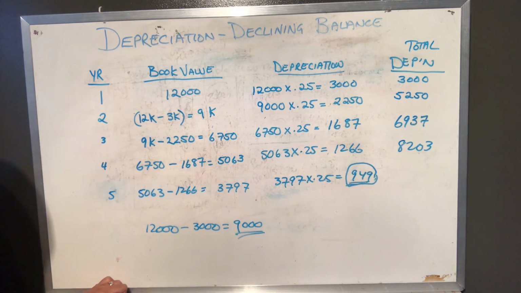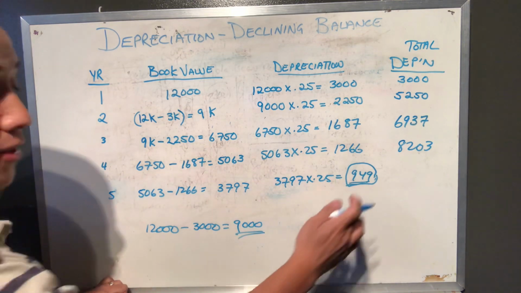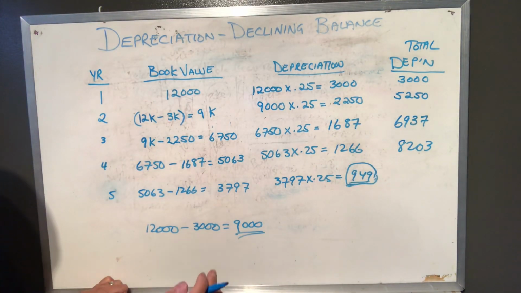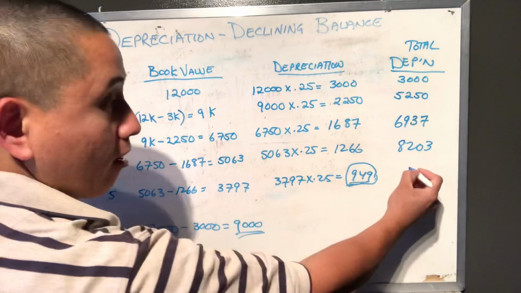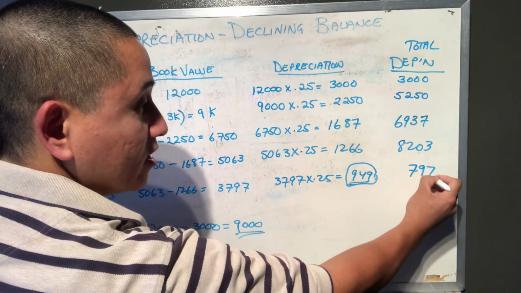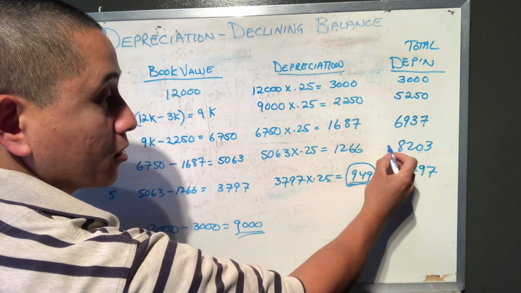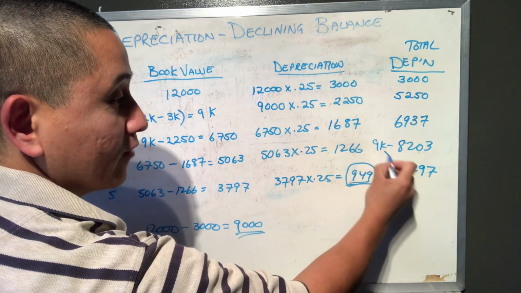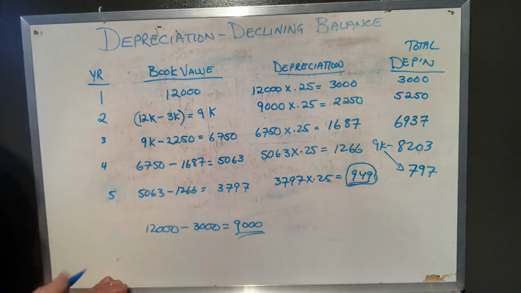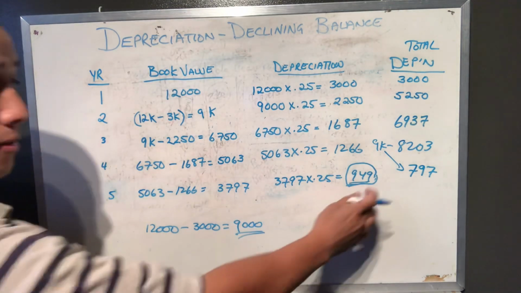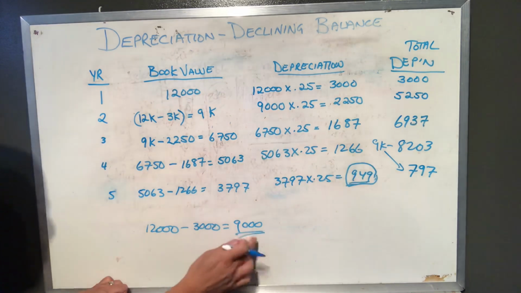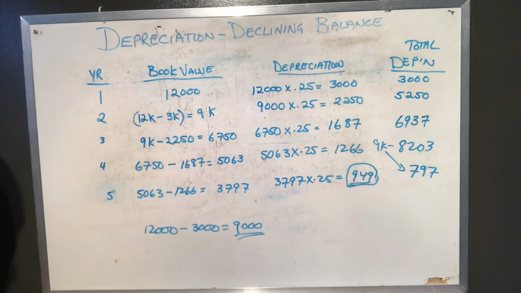So in order to get up to $9,000, we can only recognize $797, because 9,000 minus the $8,203 gives us $797, which will balance out.